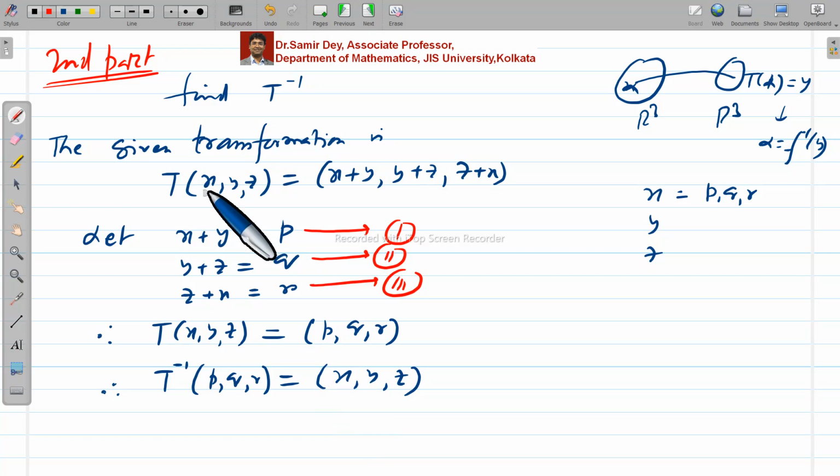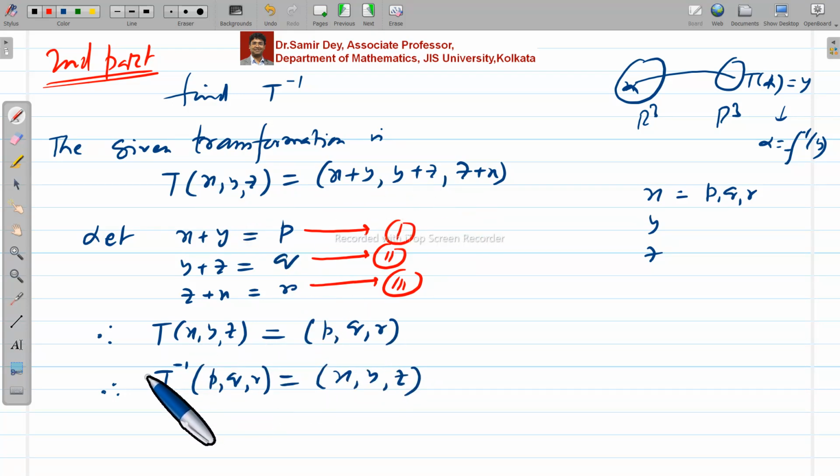Clear? So first you have to write down the given transformation, then you write down how many terms you have. You need to consider p, q, r, or maybe p, q, if it is a double variable, and so on as per the codomain part. Here we have p, q, r.